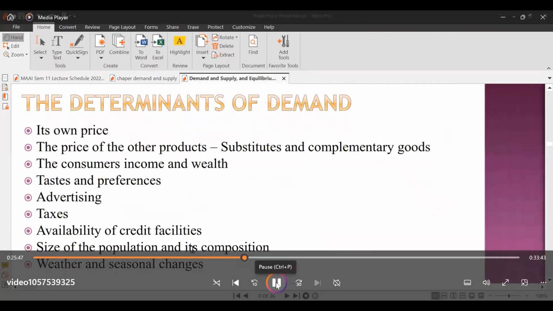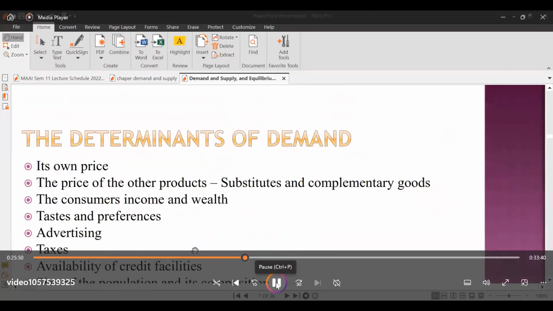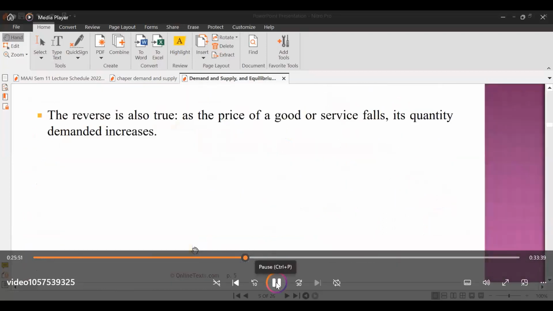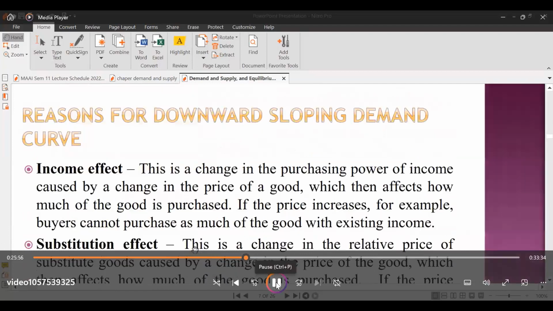So I already explained the determinants of demand. Then you know the law of demand.